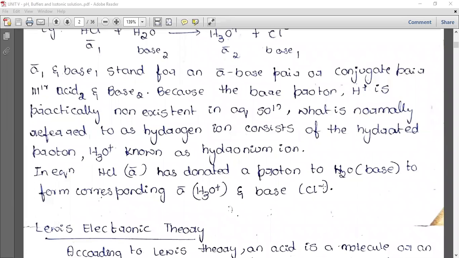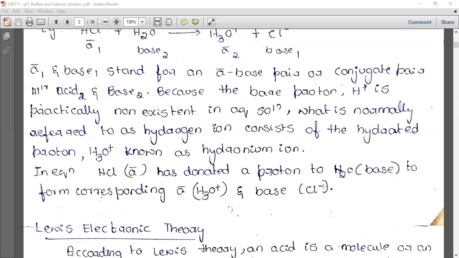I'll repeat. Bronsted-Lowry theory says that an acid is one which will give up protons readily on adding into a solution, and a base is one which is ready to accept the protons given by an acid. We call an acid a strong acid if it is able to give up protons readily on adding into the solution, and we call a base a strong base whenever it accepts all the protons given by the acid.